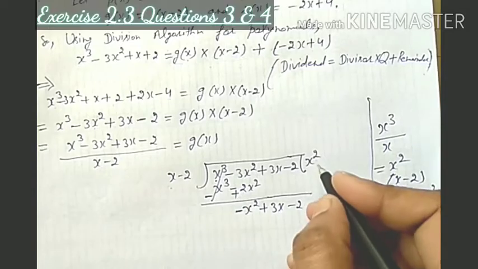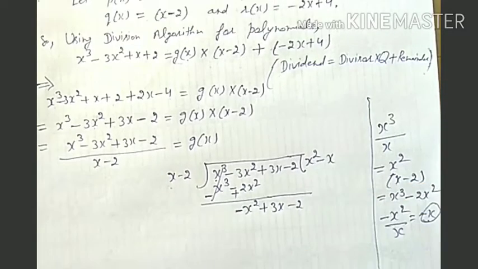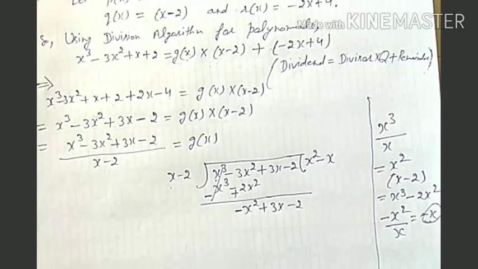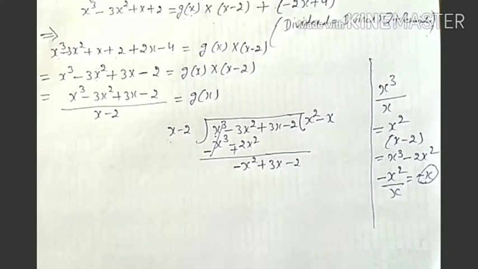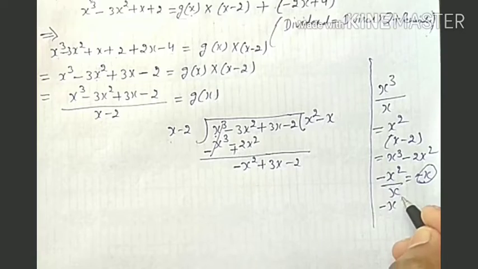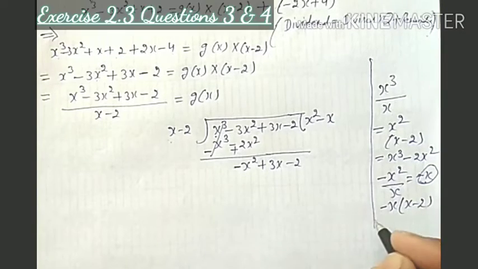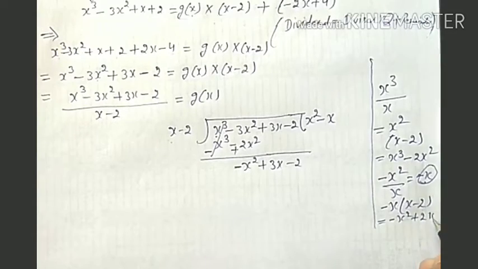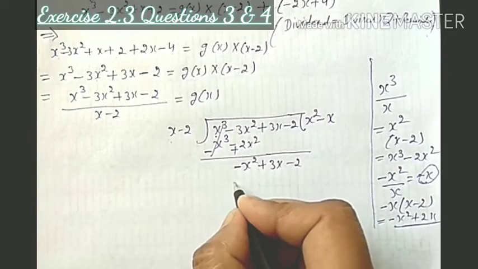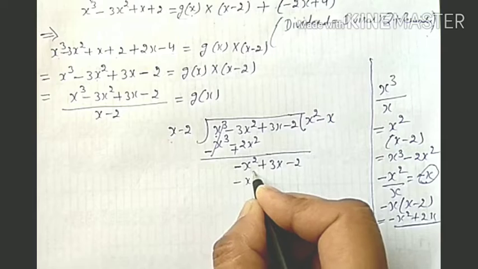It will be our second term of quotient. Now we will multiply minus x and x minus 2. Minus x multiply by x minus 2. So we get minus x square plus 2x. We will write this below the like terms.